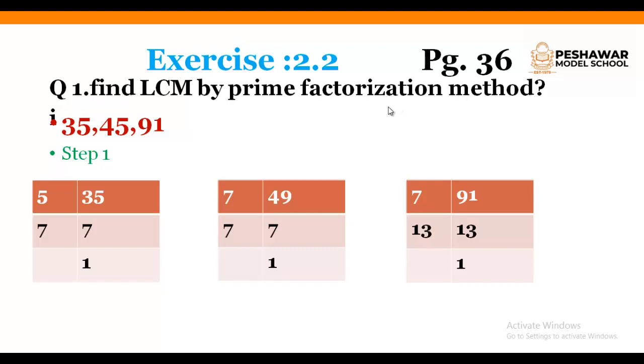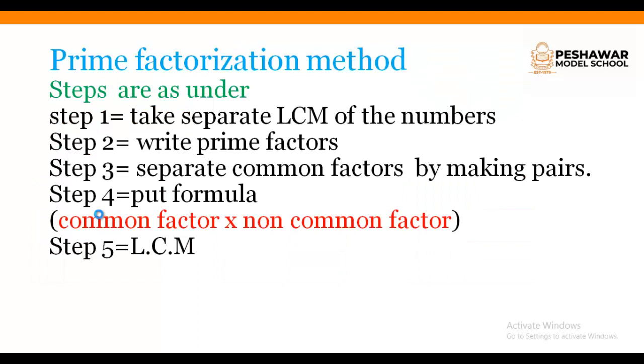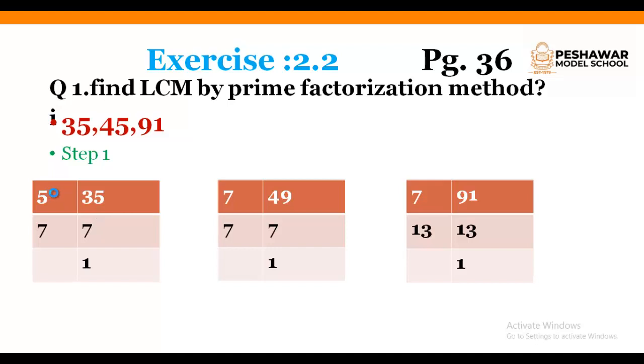The very first part of your question, the numbers are 35, 49, 91, right? Now I'm going to apply my steps in our question. Look at the very first step, that is take separate LCM of the numbers.